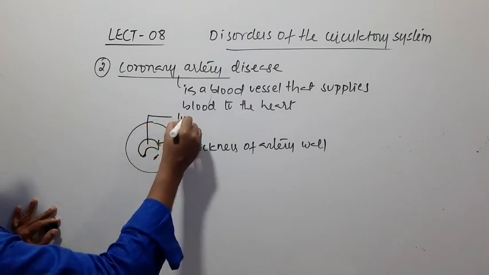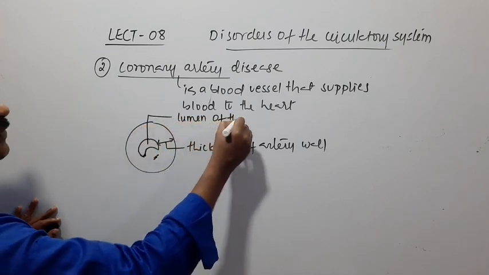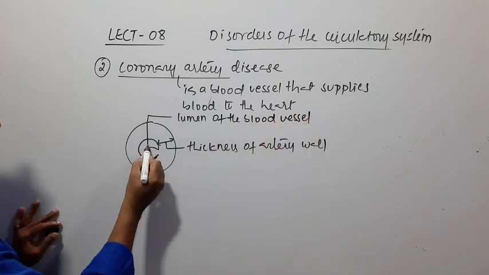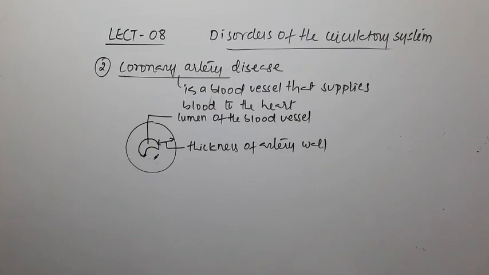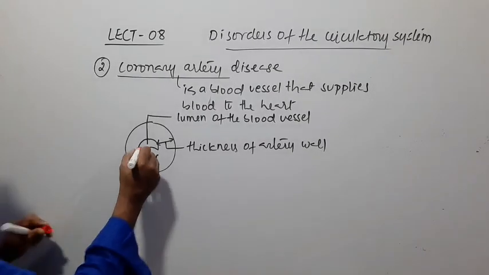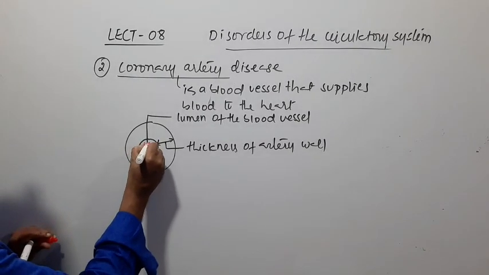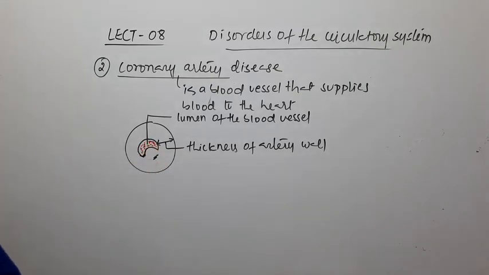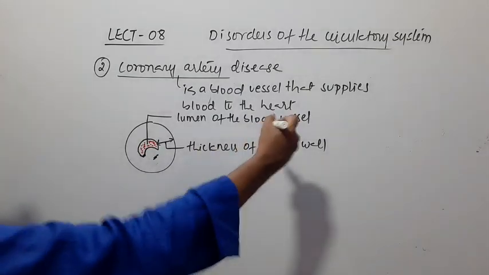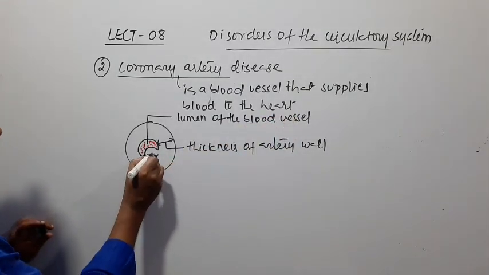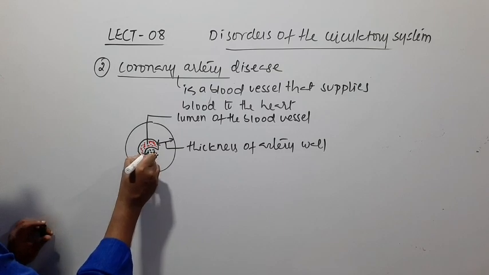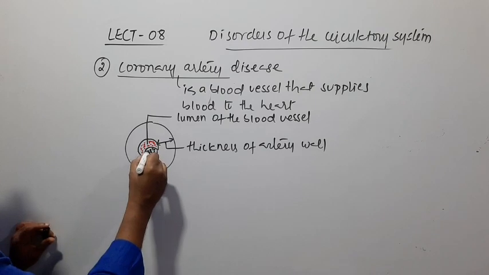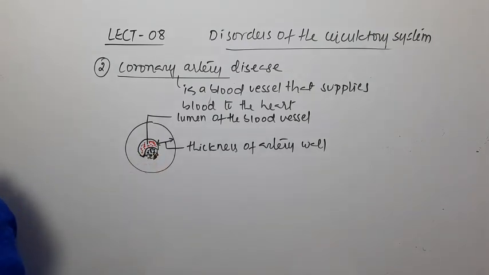This is the lumen of the blood vessel where the blood actually flows. You can see this deposition increased in the course of time. It doesn't take place in one day, it takes place over a very long period of time.